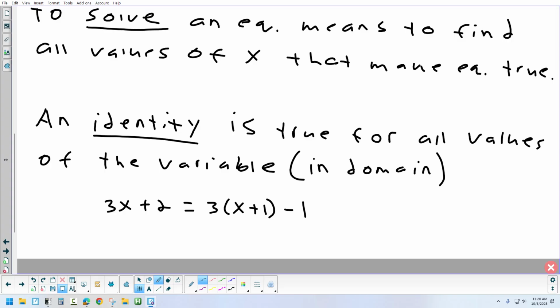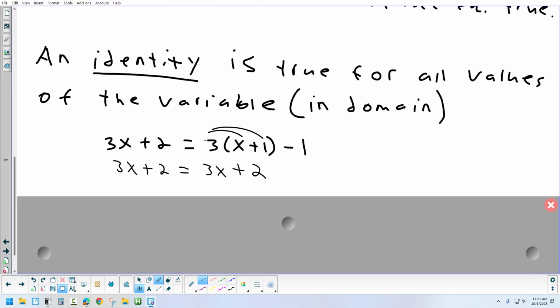Yeah, and when you distribute that out, what's that going to give you? Yep, it's going to give you 3x plus 3, but then you have a minus 1. So it's going to give you 3x plus 2.